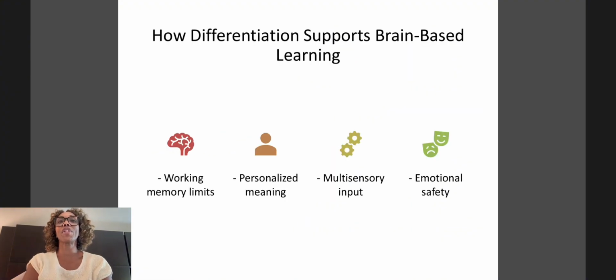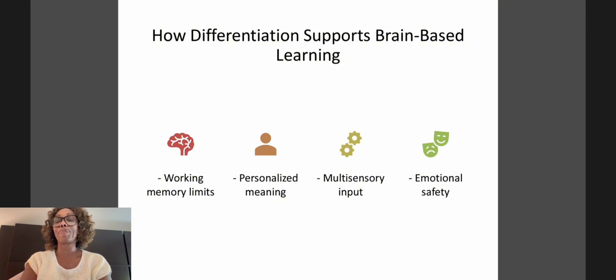How does differentiation support brain-based learning? Differentiation supports brain-based learning by reducing working memory load, personalizing content to every student, using multi-sensory products for instruction, and making sure that the emotional well-being of the students is cared for.